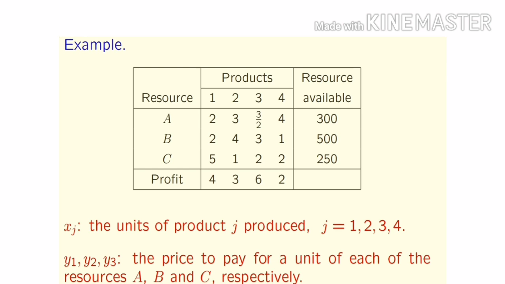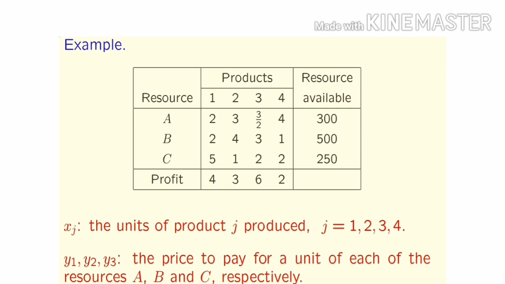Let the company produce the products 1, 2, 3, 4 by x1, x2, x3 and x4 units respectively. Then the total profit will be 4x1 plus 3x2 plus 6x3 plus 2x4. So our aim will be to maximize the objective function 4x1 plus 3x2 plus 6x3 plus 2x4. And what will be the constraints?